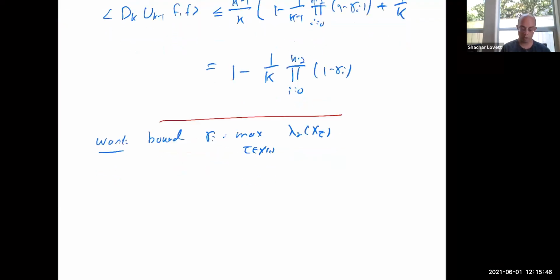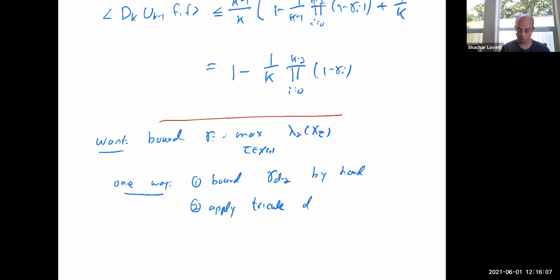One way is where we first bound gamma d minus 2 somehow, by hand, and then we apply the trickle-down theorem. We get a really good bound for the top level, we trickle it down, and hopefully it trickles all the way down, and we're happy.